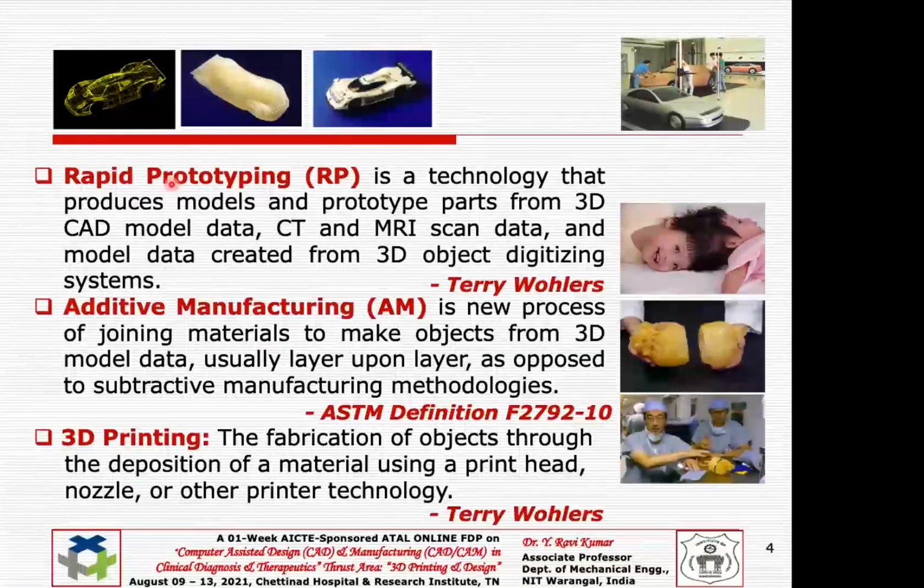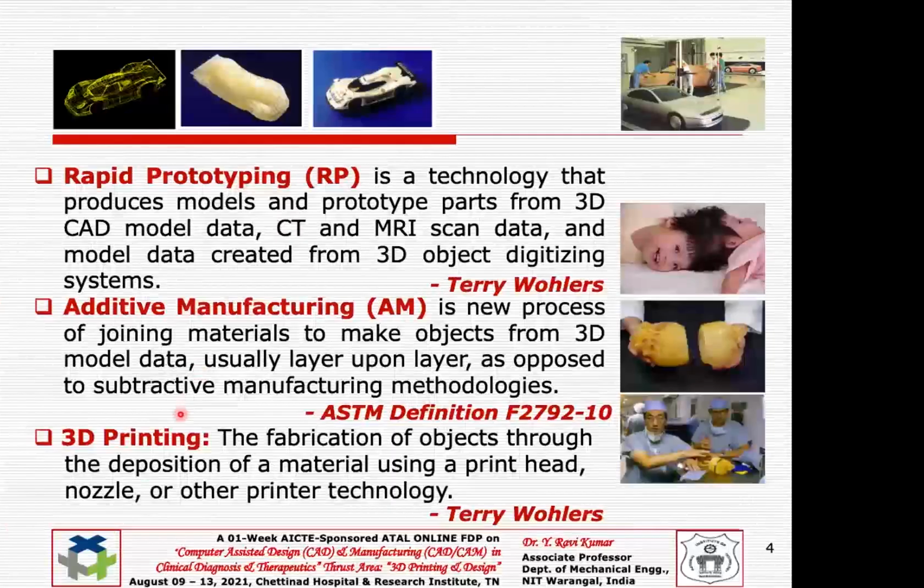Then this technology has been renamed with other names like additive manufacturing and 3D printing. If you name this technology rapid prototyping, your scope of application may be limited to prototyping applications, but if you call this technology additive manufacturing, the scope is enhanced, as it may be the fabrication technique or the manufacturing technology, additive in nature.